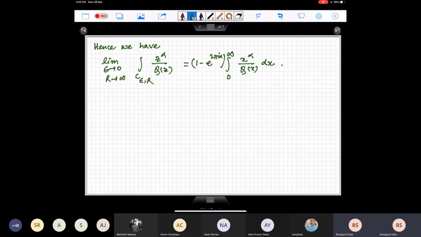Okay, and this is what precisely I get, and this quantity by the Cauchy residue theorem is exactly 2 pi i times the sum over z_k, zeros of q, of the residue of z power alpha by q(z) at z_k.